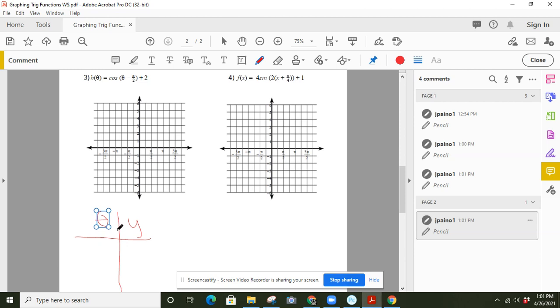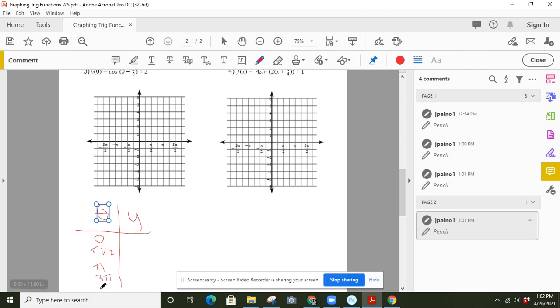All right, so right here, I could start at pi halves and go for 2 pi, but that's going to get me off the graph here. So just to make life a little bit easier, we'll go 0, pi halves, pi, 3 pi halves, and 2 pi.